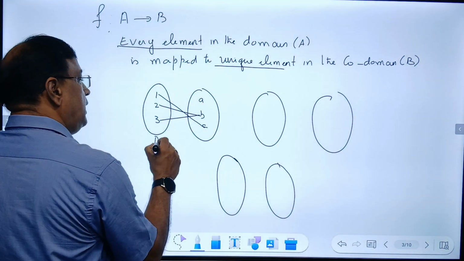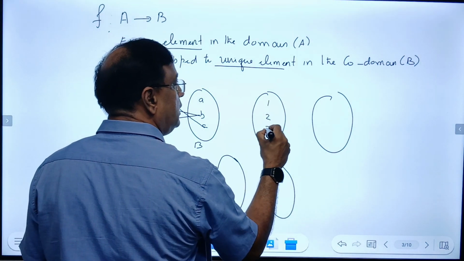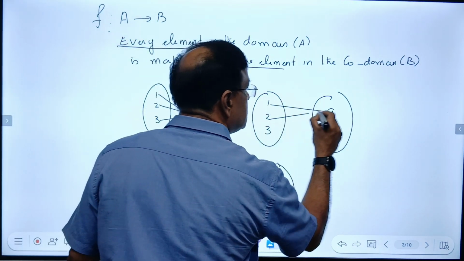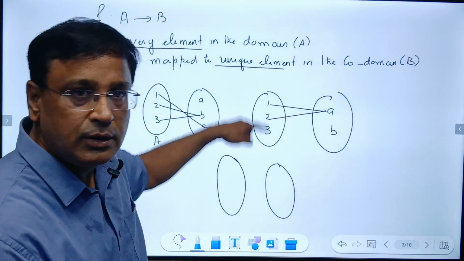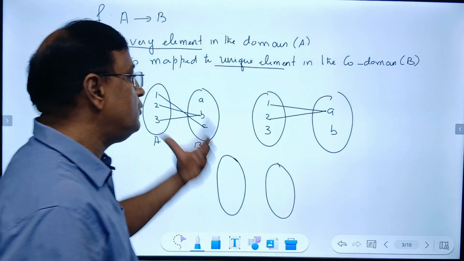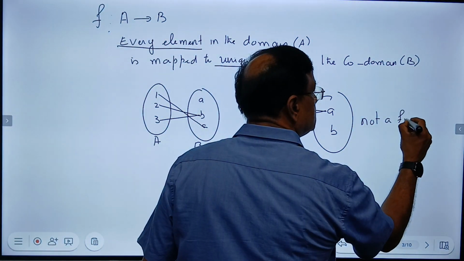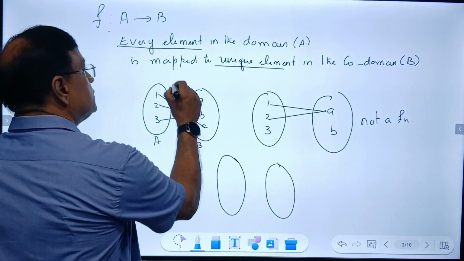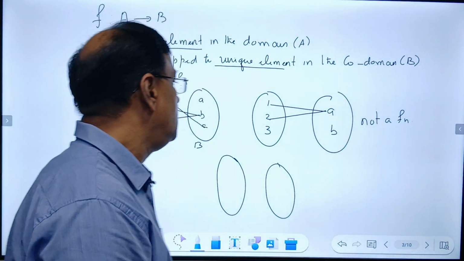So this is my A and this is my B. Let's take another situation. 1, 2, 3, A, B. Suppose I have a situation like this. Is every element in the domain mapped? No. Therefore, this is not a function. It's called a relation, whereas this is a function. It satisfies the definition of a function.